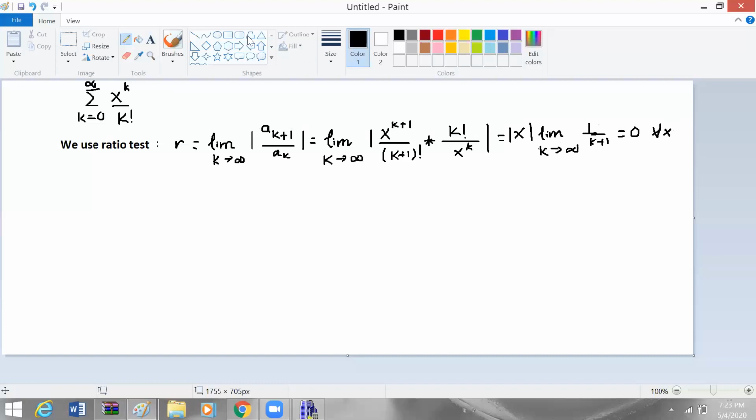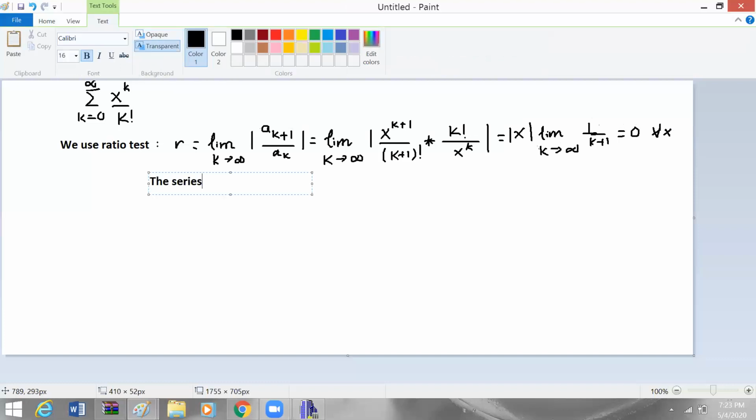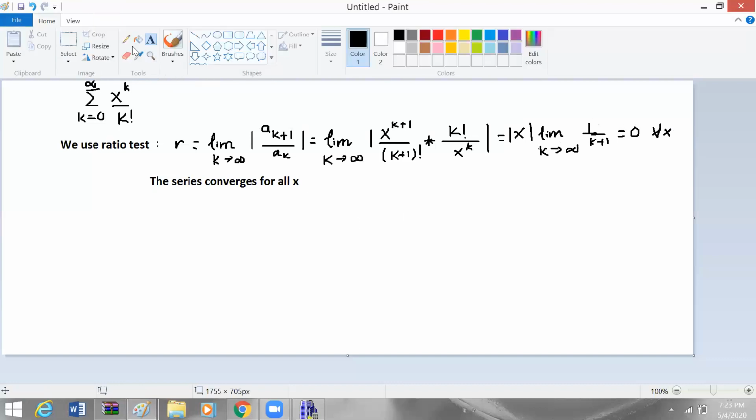All right. So meaning that the series converges for all x. The series converges for all x. So the radius of convergence, x absolute value less than infinity. Or you can rewrite, some people want to rewrite this in terms of negative infinity. This is what we call the interval of convergence of the x.